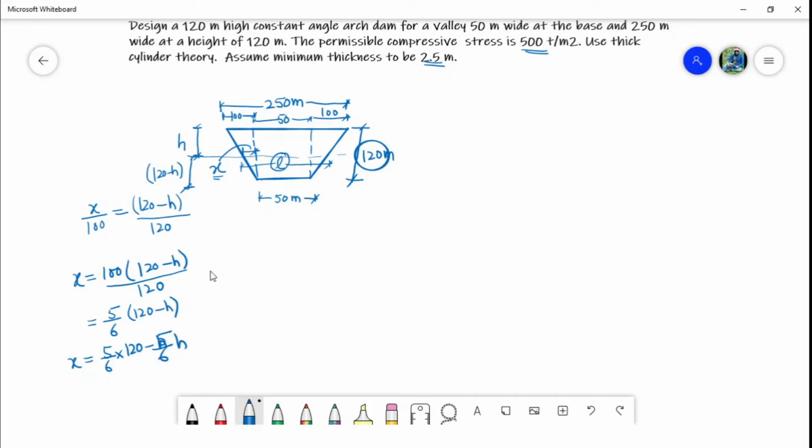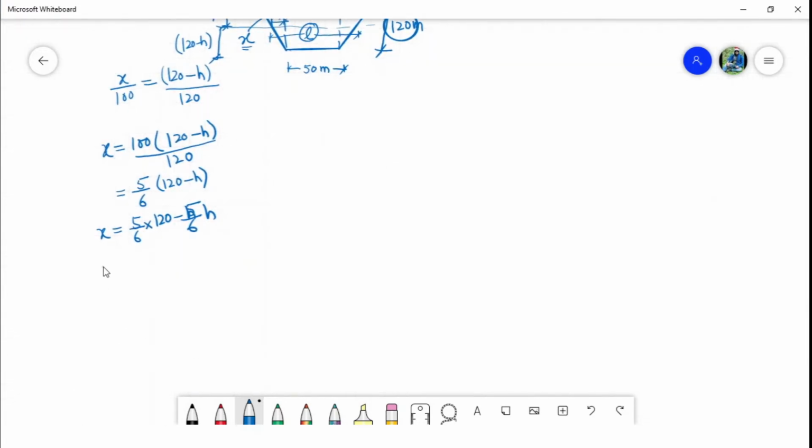So x will be equal to 100 minus 5 by 6 of h. This will be the expression for x.